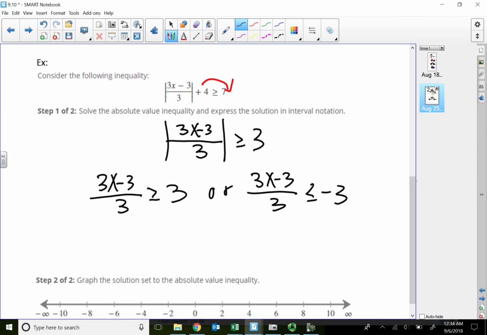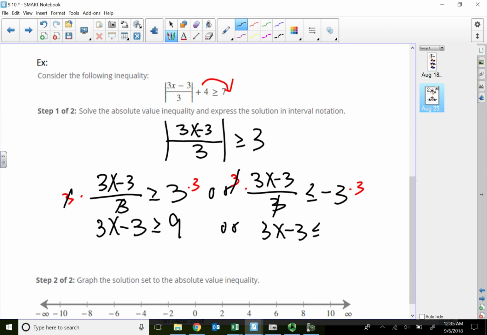So since I only have 2 terms, if I multiply both terms by 3 to clear the fraction, that gave me 3x minus 3 still on the top is greater than or equal to 9. The other one, alright, multiply both terms by 3 to get rid of that fraction. That's 3x minus 3 is less than or equal to negative 9.